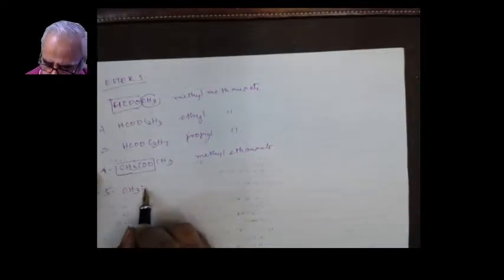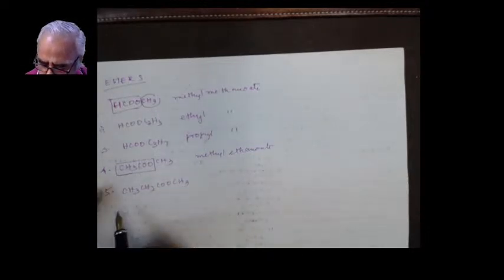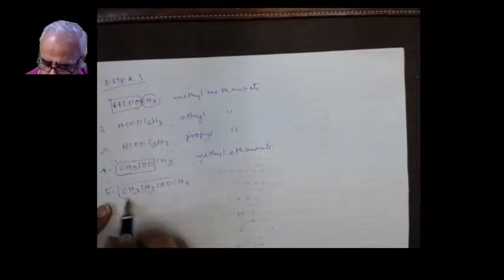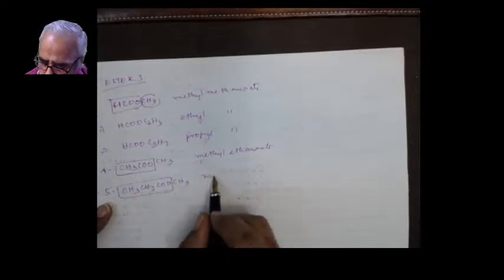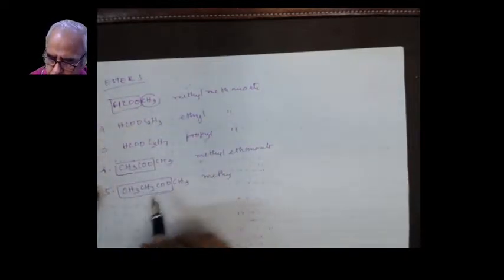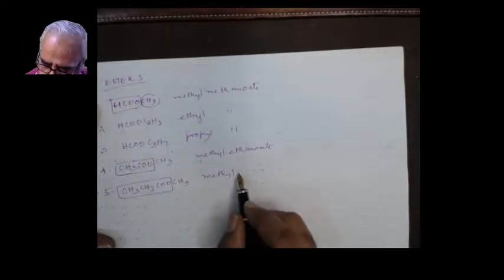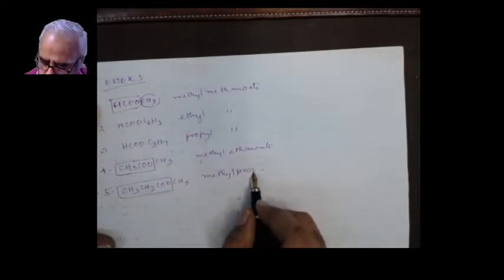CH3CH2COOCH3. What do you call it? This is propanoate. So methyl propanoate. Likewise, you can change the alkyl group in such a way that you can have different types of esters.